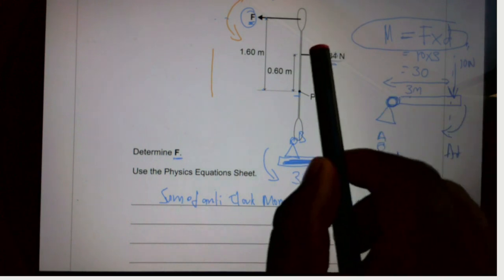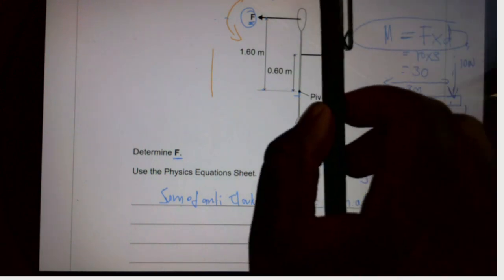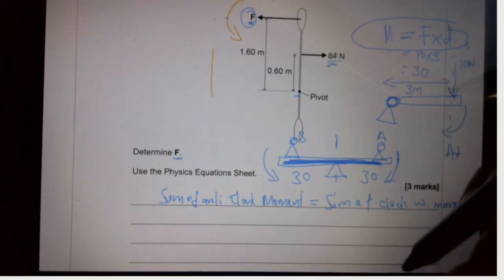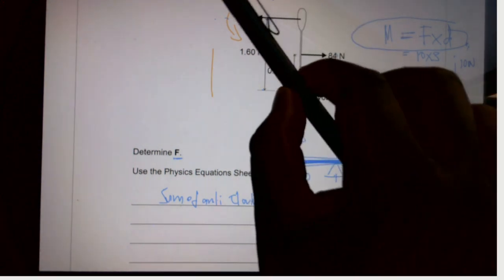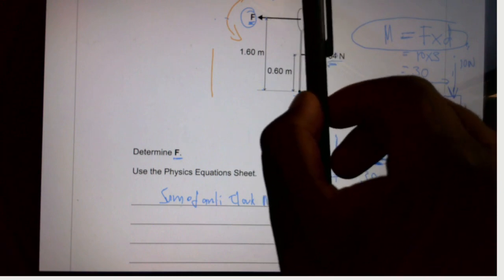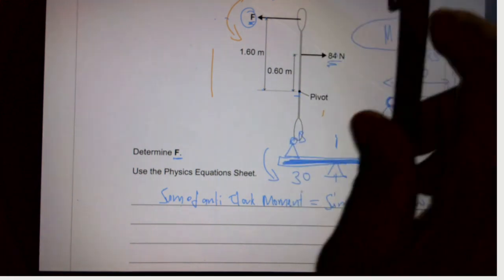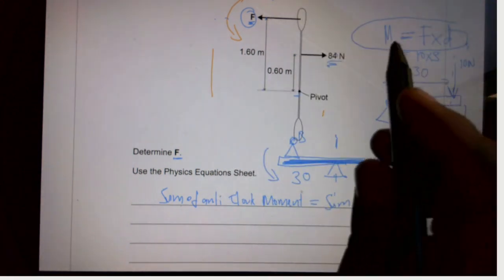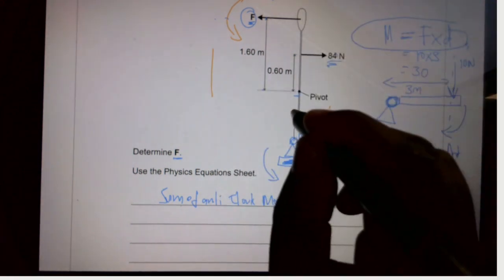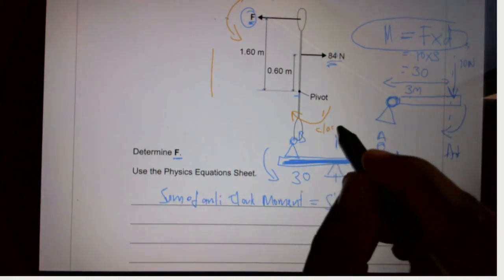And if only this other force was applied, it would rotate in this direction. So this one is clockwise, this one is anti-clockwise rotation.